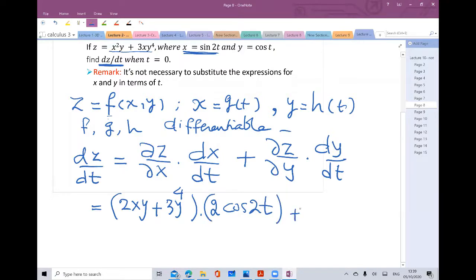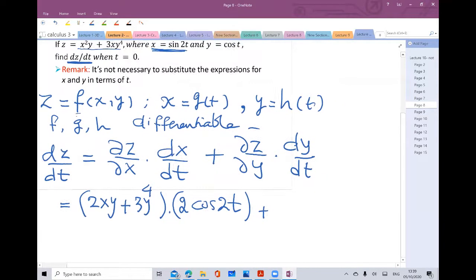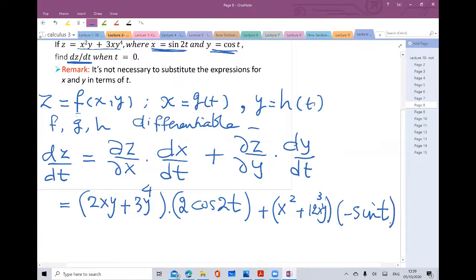Plus partial z partial y, the derivative with respect to y. Now I'll open my bracket. I have here x squared plus 3 times 4, which is 12xy cubed, times the derivative of y with respect to t. y is the function cosine t, so I have negative sine t when I take the derivative with respect to t.